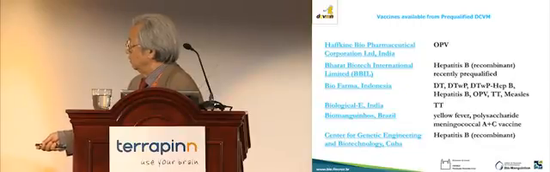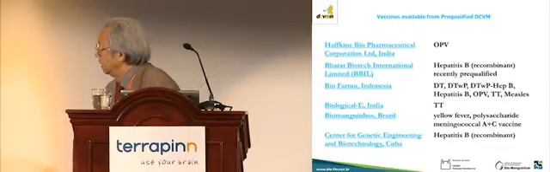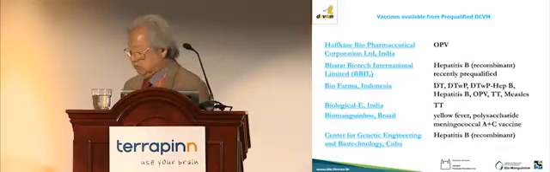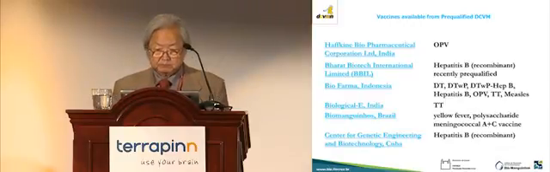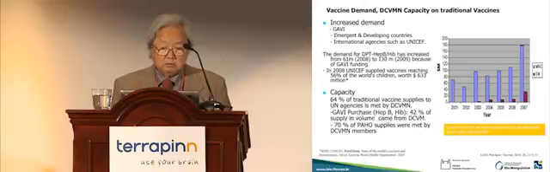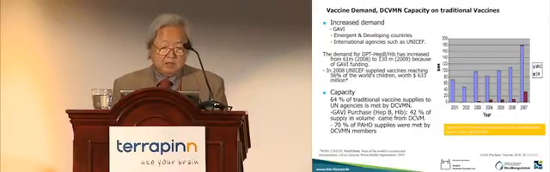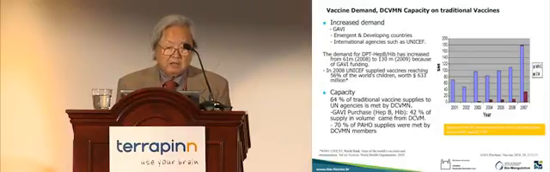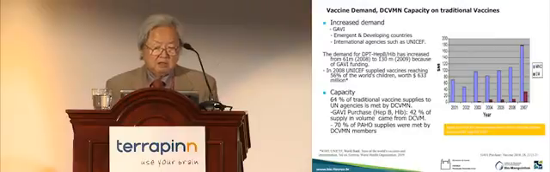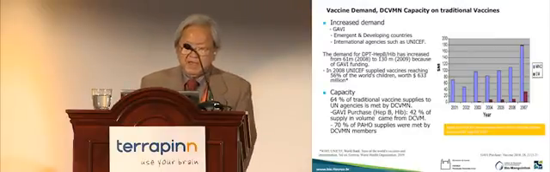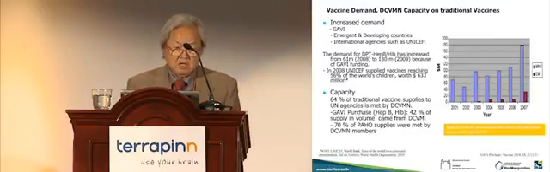We provide yellow fever vaccine and polysaccharide meningococcal A and C vaccine. So, in this slide, I show some information on the vaccine demand and DCVMN capacity on traditional vaccine.